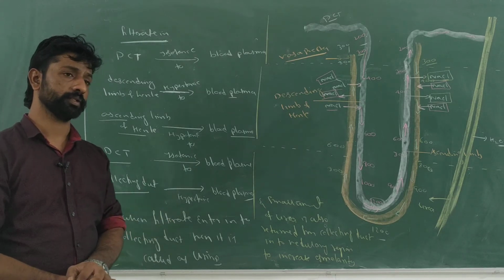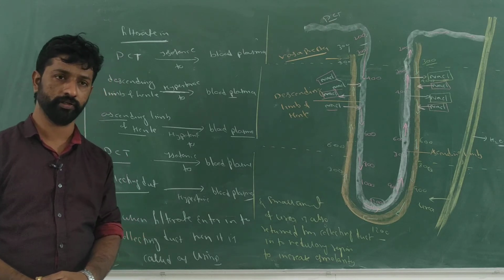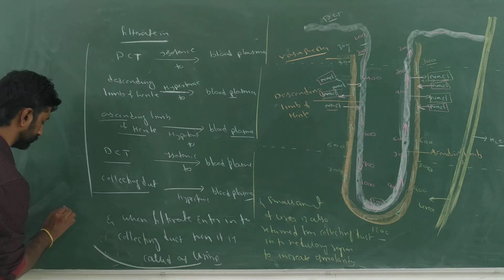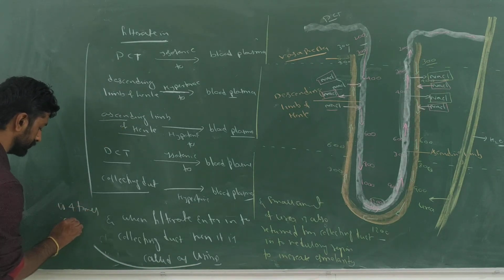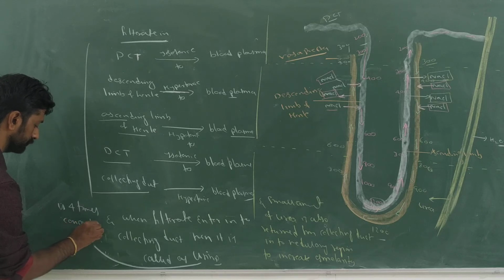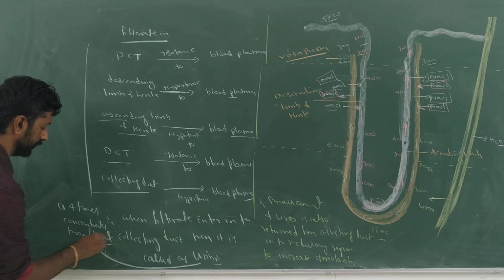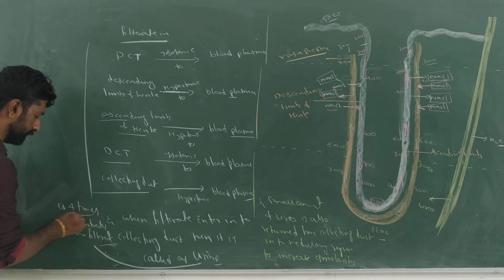The urine is 4 times concentrated than the initial filtrate formed. This numerical is also very important for the NEET.